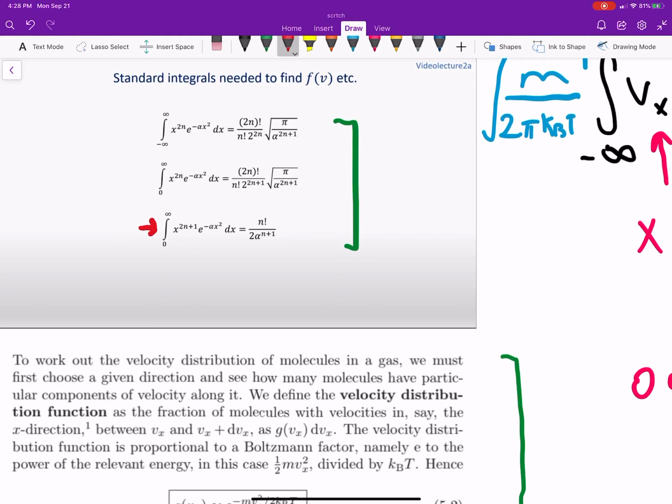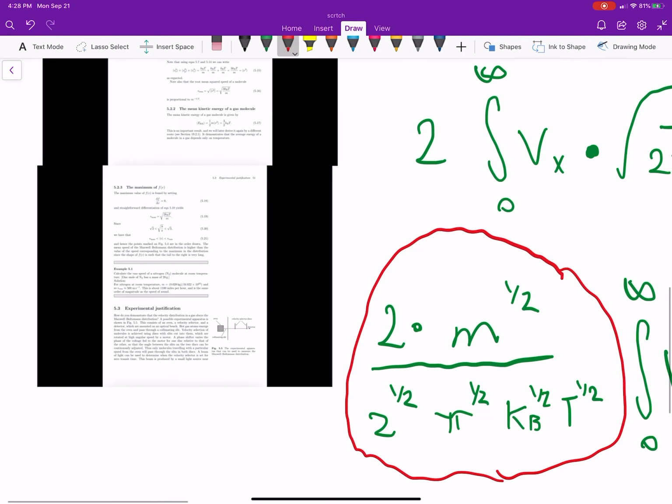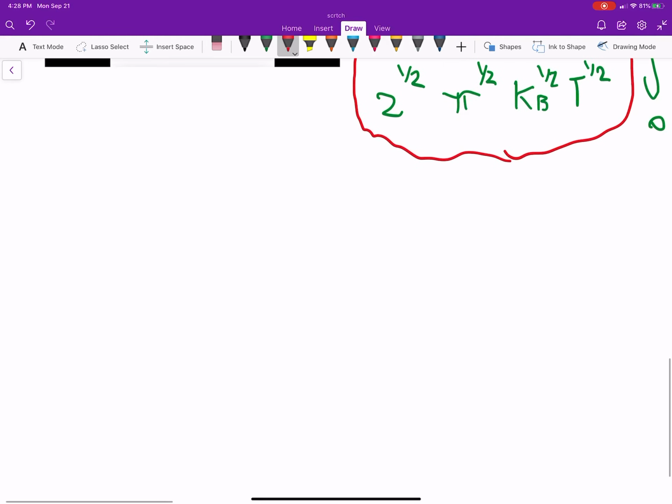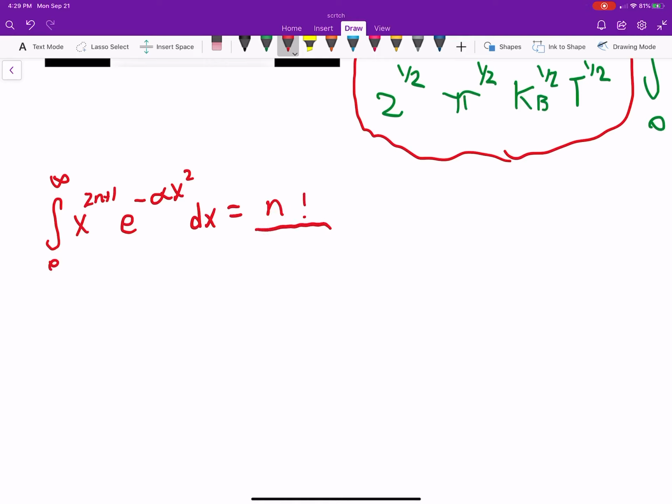And we're going to use this one because we have an odd power with our x. So I'll write it back down over here. The integral from 0 to infinity of x to the 2n plus 1, an odd power, e to the minus alpha x squared dx is equal to n factorial over 2 alpha to the n plus 1.